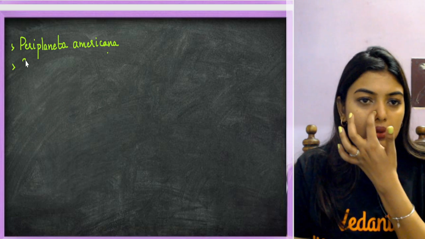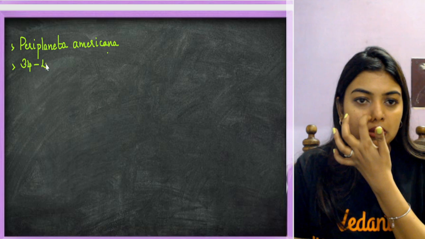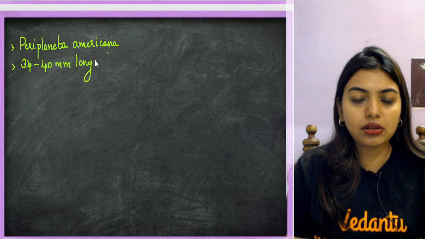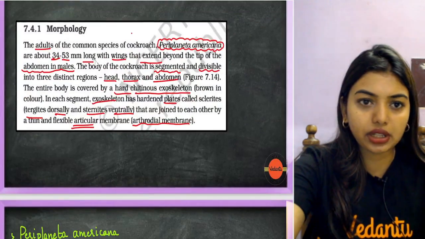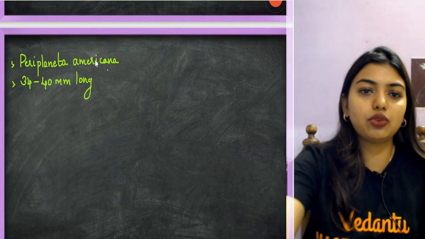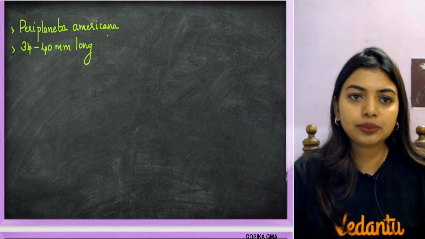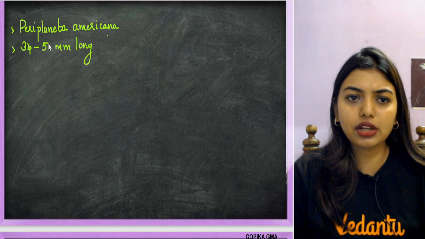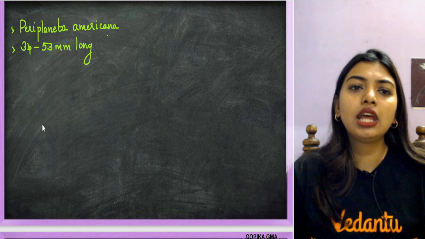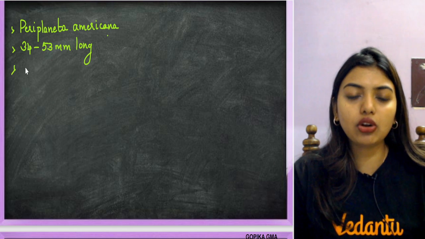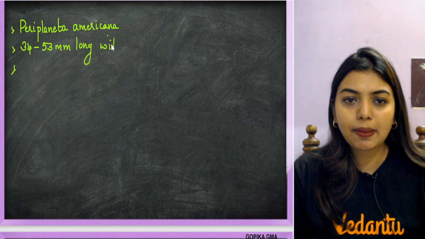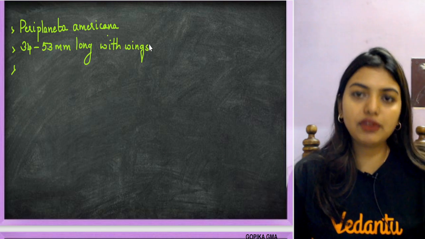It will go up to 34 to 53 mm long. You can just remember 1/4 to 3 inches. The next thing you should know is that they are with wings, extending beyond the abdomen in males.